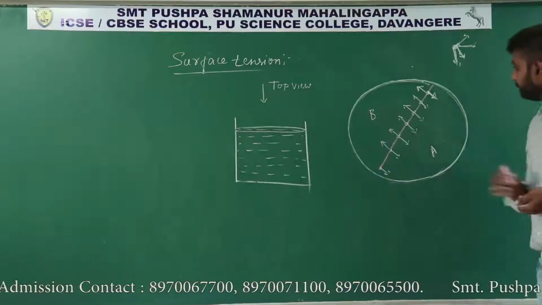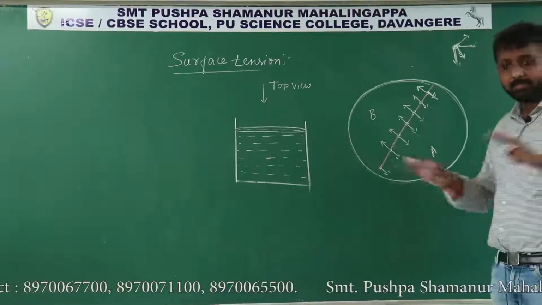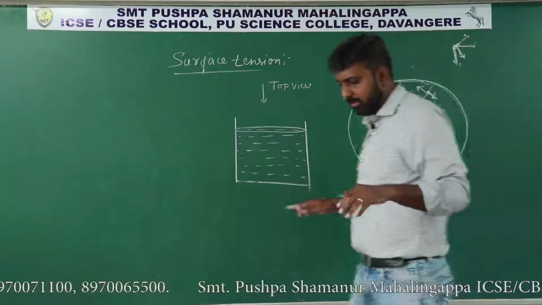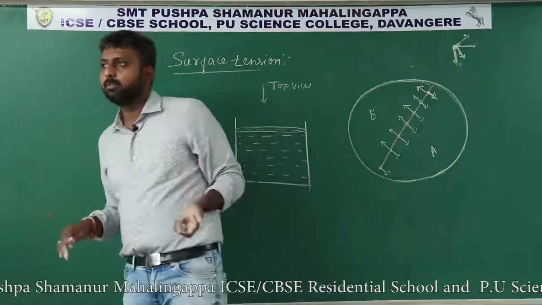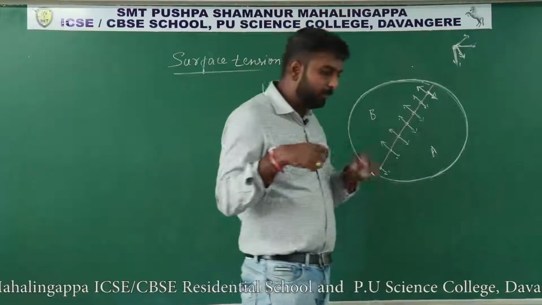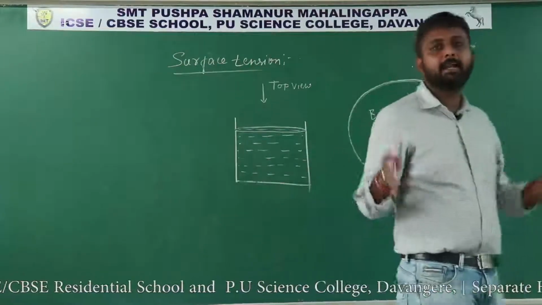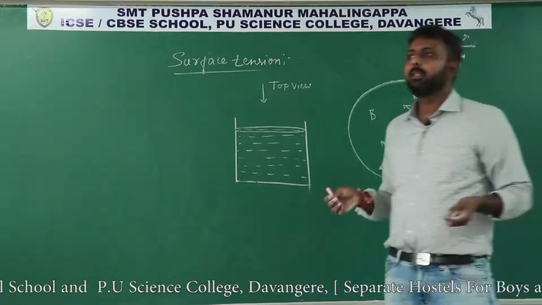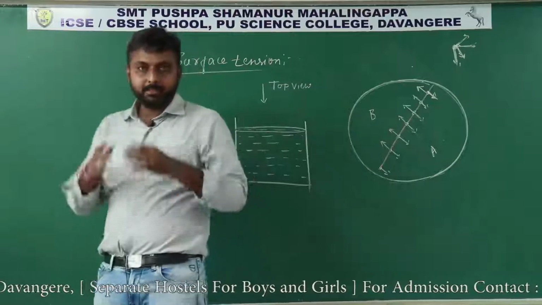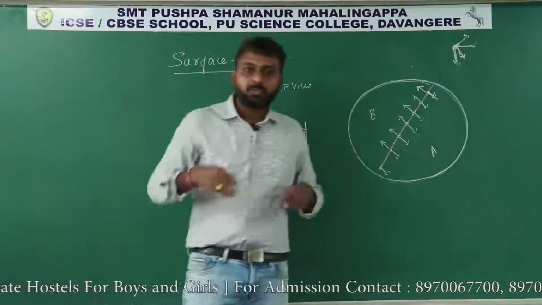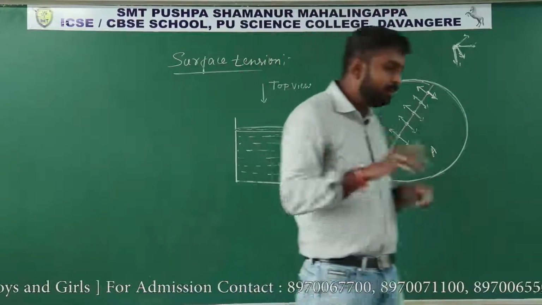And because of that tangential force, you can take one more example of a balloon. If you blow air into the balloon, it will expand. Okay, that means the layer of the balloon will become thin as it expands more. If you still blow, don't blow until it bursts.